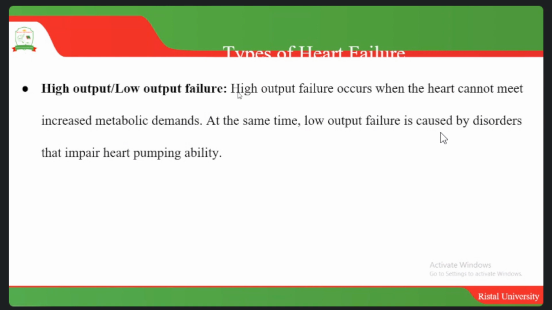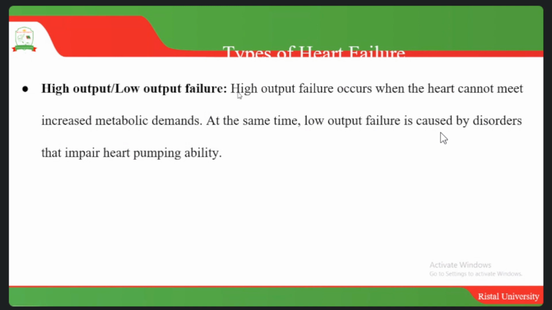Then it will lead to compensatory hypertrophy and dilatation. Compensatory hypertrophy is basically the heart trying to increase in size, and that's where sometimes our clients tell us that their heart is said to have enlarged or is big, because the heart is trying to compensate. So those muscles around the chambers try to thicken in order to be able to meet the body's demand in contraction.